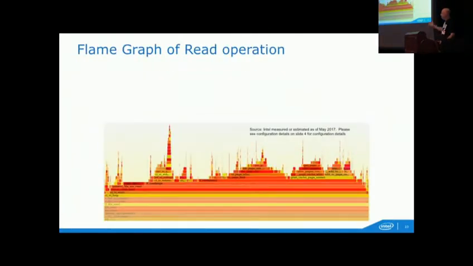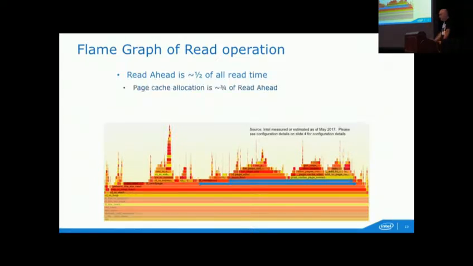And again, this is a flow graph of the read operation. Again, half of all read time is spent in the read ahead functionality. And most of the read ahead time, again, we spend on page cache allocation.